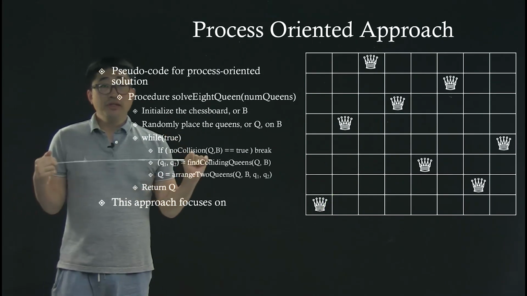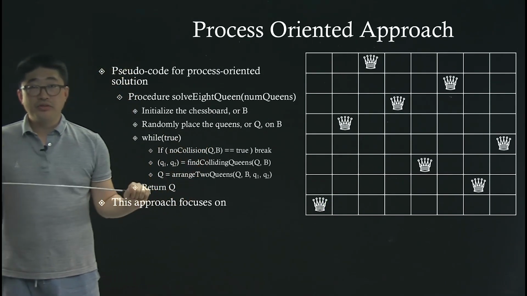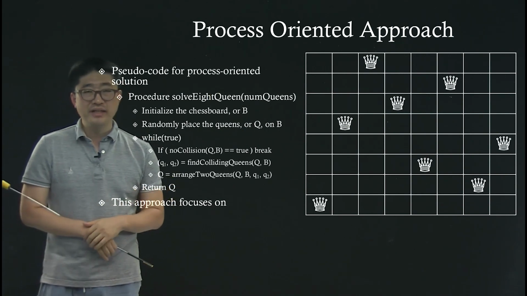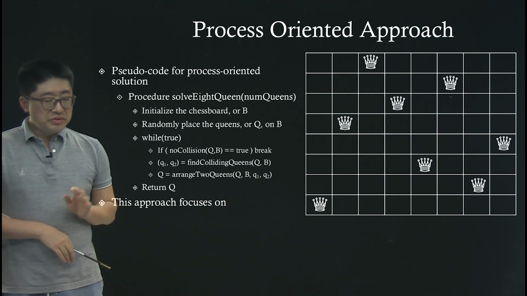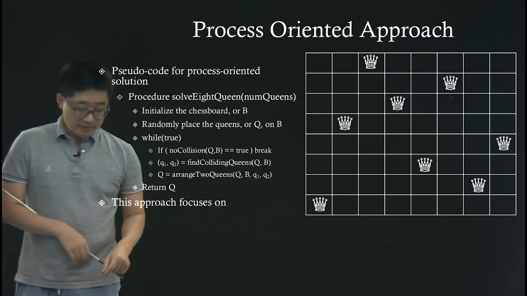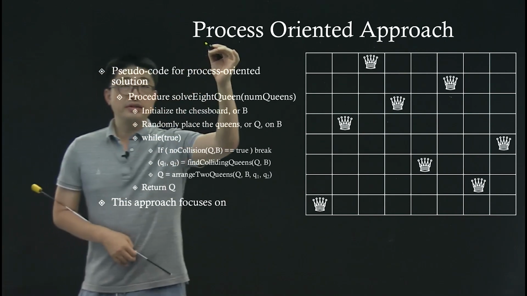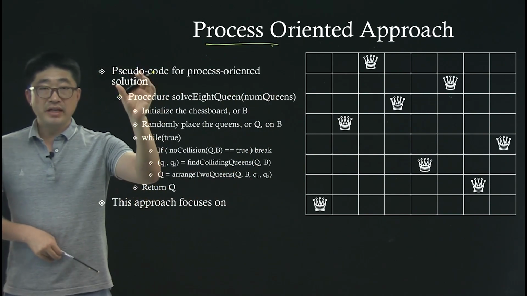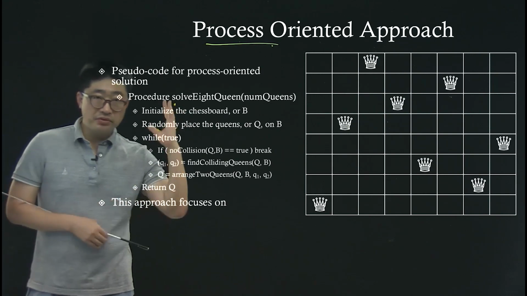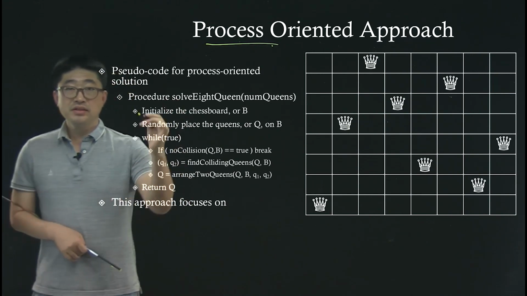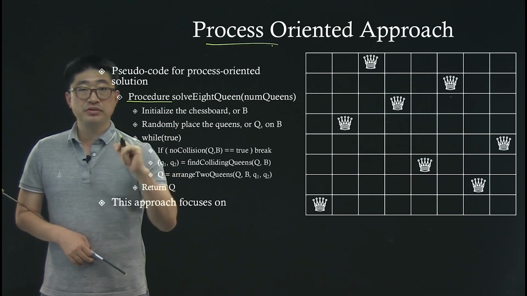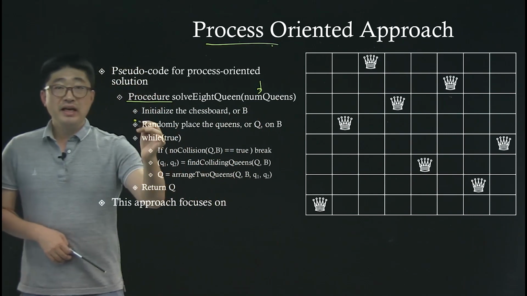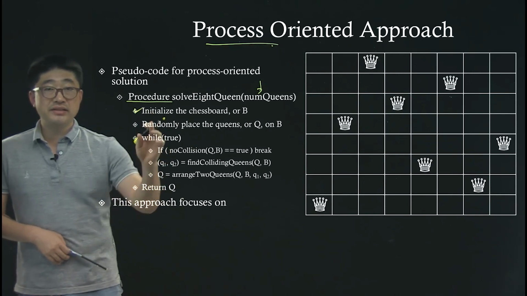One way of doing such heuristic-oriented rearrangement, we can come up with multiple ways, and we can also code it in 2 different ways. First, the process-oriented approach will code it like this. This is pseudocode from a process-oriented perspective. We have one procedure, solve N-Queens, where we enter the number of queens and initialize the chessboard.